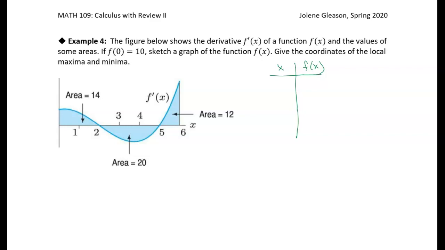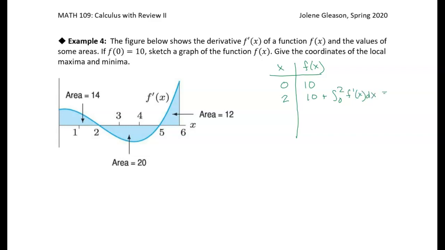Now we're first told that at 0 the function value is 10, and then this area between 1 and 2 is 14. So we can easily find the function value at 2 by taking 10 and adding the integral from 0 to 2. I'm just again using the fundamental theorem of calculus.